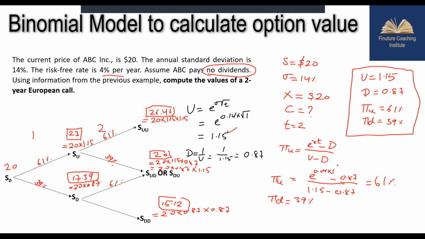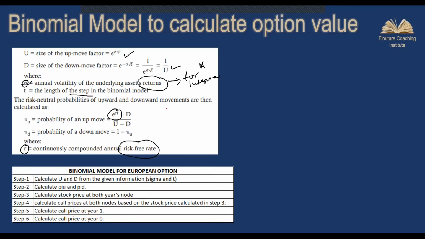Likewise, upper node 61%, lower node 39%. Now what we'll do, last step, we'll calculate the call prices. First calculate the call price at both nodes of year 2, and then at year 1 and year 0.